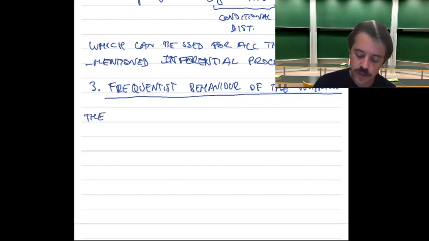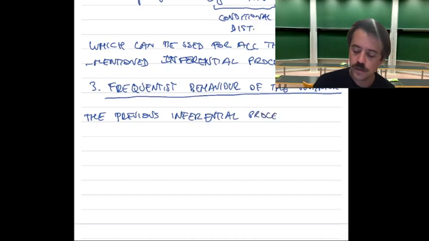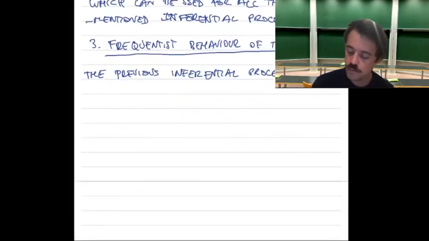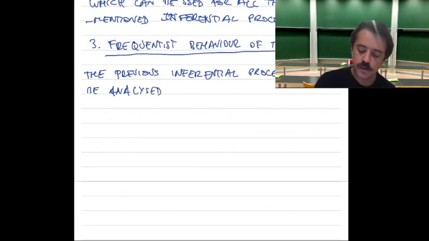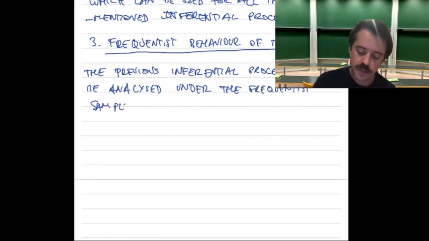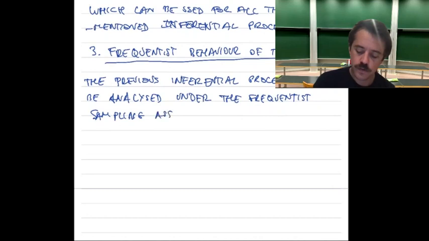So just to write it, the previous inferential procedures can be analyzed under the frequentist sampling assumption of the usual thing.